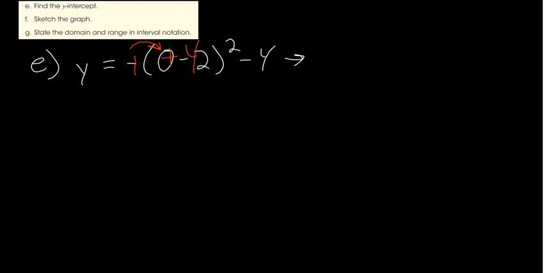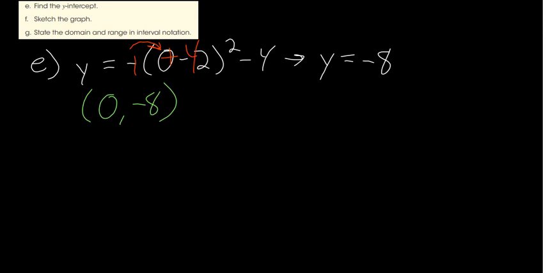And then negative 4 minus 4... I said 8, it should be negative 8. Negative 4 minus 4 is negative 8. So the y-intercept is at 0, negative 8.